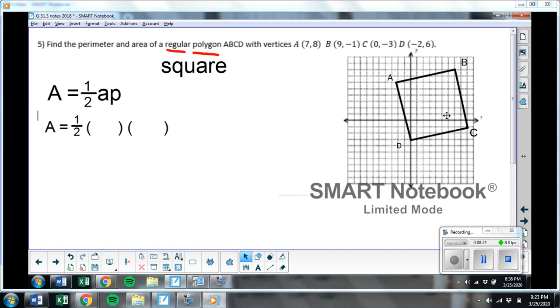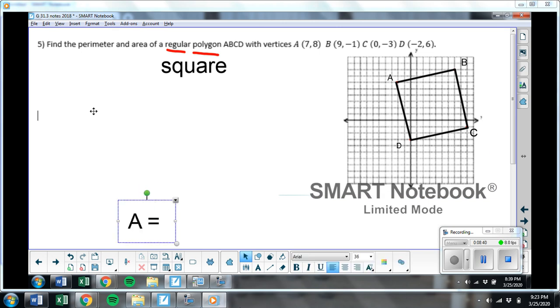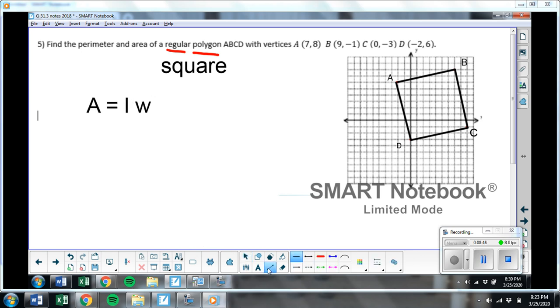So I could still use this formula that we've talked about, or that might be kind of hard to find the apothem and the perimeter, so let's just do a different formula since it's a square. So a square, like a rectangle, is area equals length times width. Some say base times height, same thing.